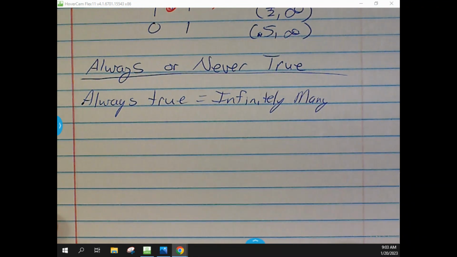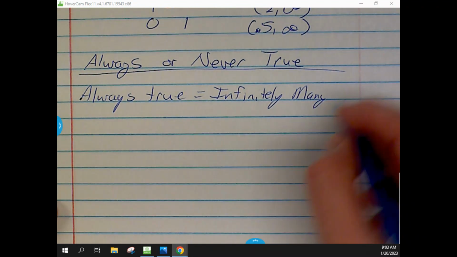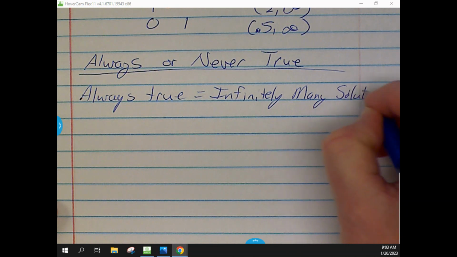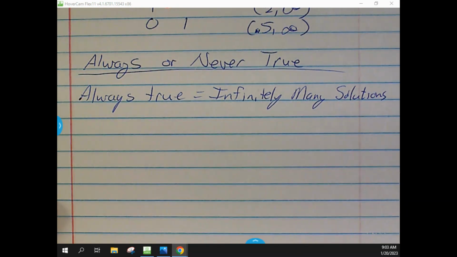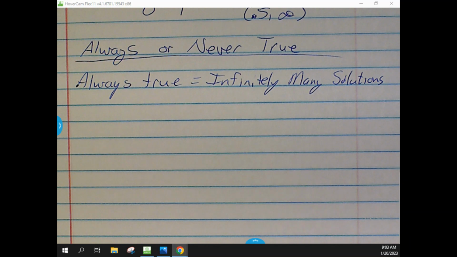When they talk about something being always true with the graphs, that's basically their way of saying infinitely many solutions, because everybody's got their own version of how they say that. Most everybody in here is used to infinitely many solutions for a while. Sometimes they start changing that to always true.